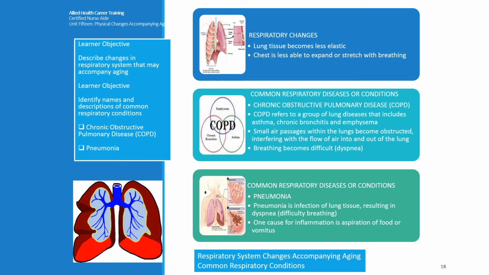So the other common condition that we talk about is pneumonia. Now, pneumonia is an infection of the lung tissue that results in that dyspnea or the difficulty breathing. Pneumonia symptoms may include the shortness of breath, low oxygen saturation, so they may have an oxygen saturation of less than 90%.